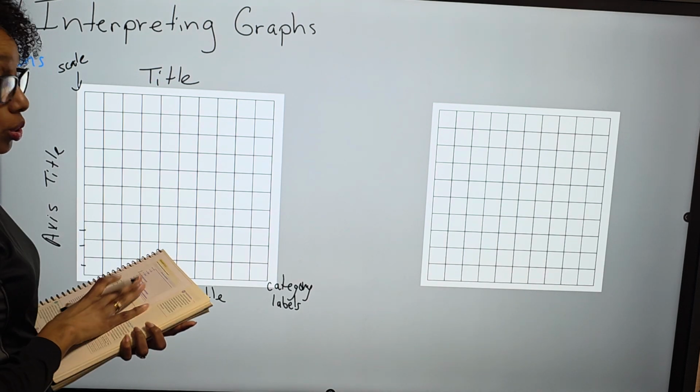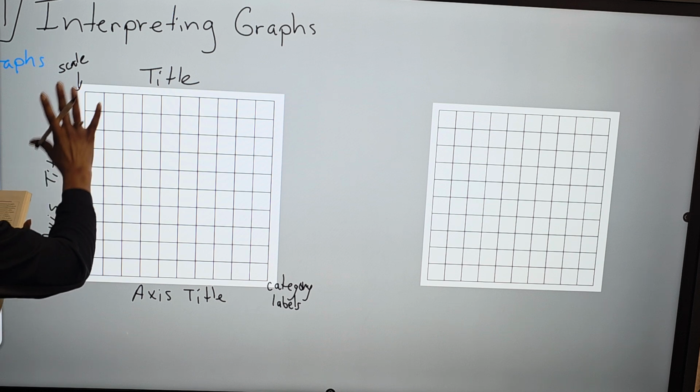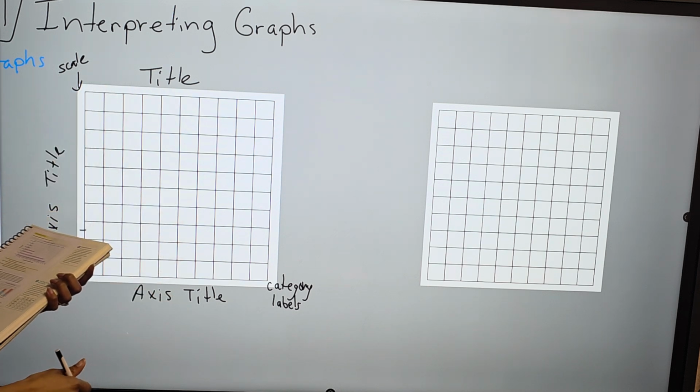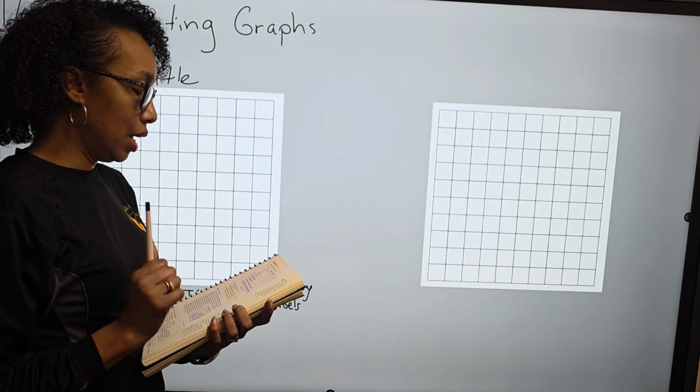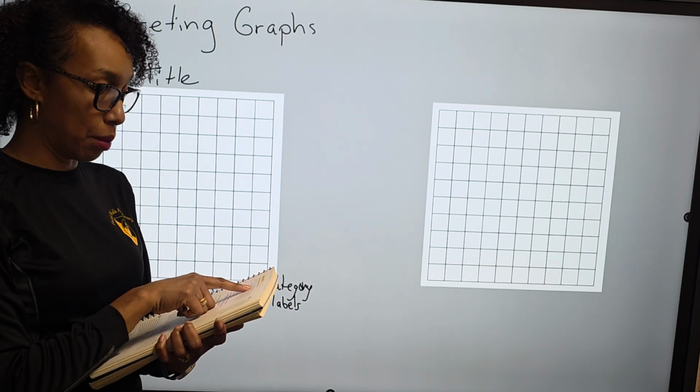Let's talk about the example. So you will have to look in your book for this example, but of course put this in your notes so you can have this as a layout to kind of understand the basic format for the graphs. But the question says, answer the questions about diameter of planets. And you can see that the title of the graph is diameter of planets.